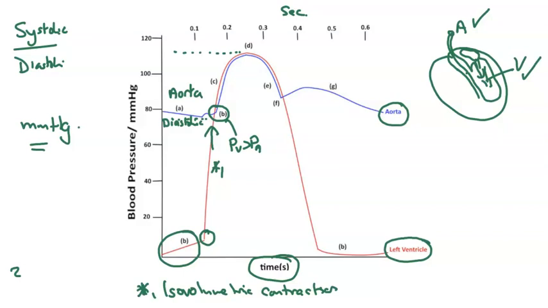And that would cause an opening of the semilunar valves. The blood pressure still rises as we eject blood into the aorta. The aorta pressure increases, so the blood is now rushing out into the aorta.